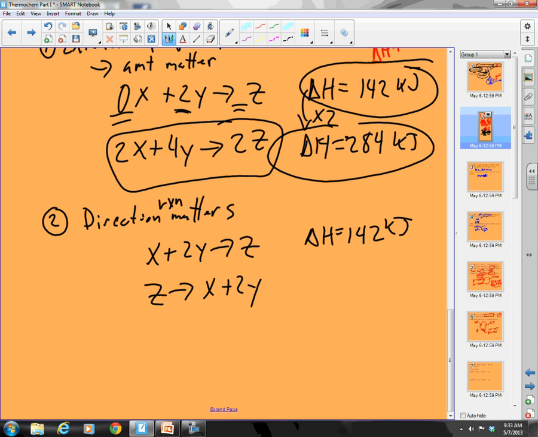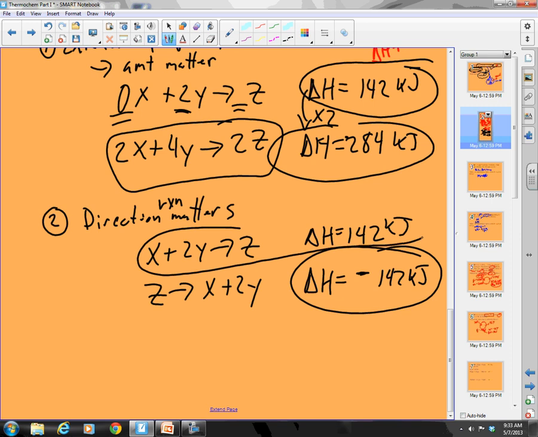That's the reverse of the first reaction, which would mean my delta H is the same magnitude, but different sign. So this reaction is endothermic. The reverse then has to be exothermic, and the same amount of energy is transferred in both cases, just going in different directions. Got it? Okay, let's see if that helps us here.